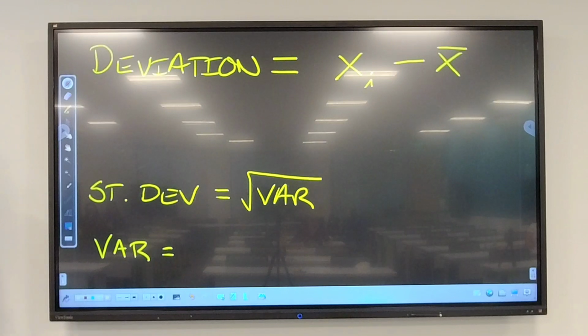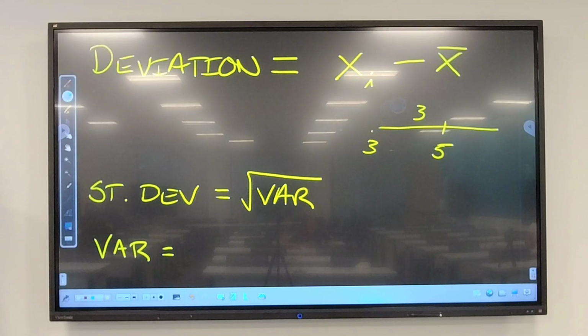And this tells you how far away from the mean you are. Because a distance is a difference, right? Here's 3 and here's 5, and how far apart are they? They're just two units apart, and the computation for that is a difference. It's the big number minus the small number. It gives you the number 2.